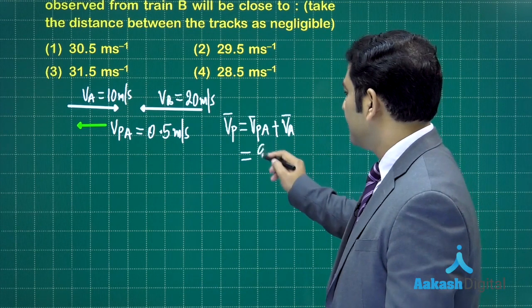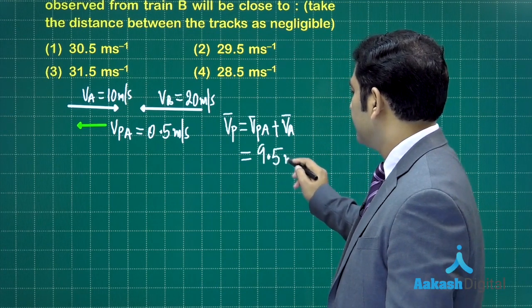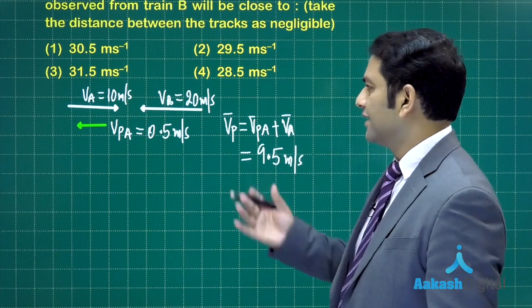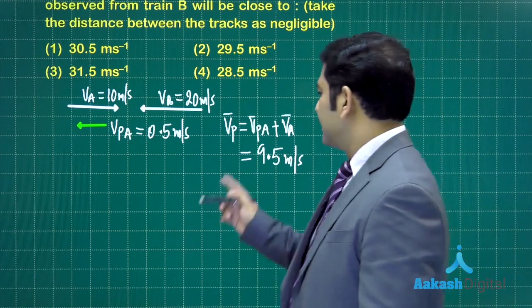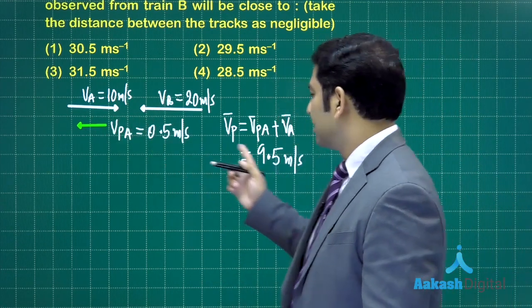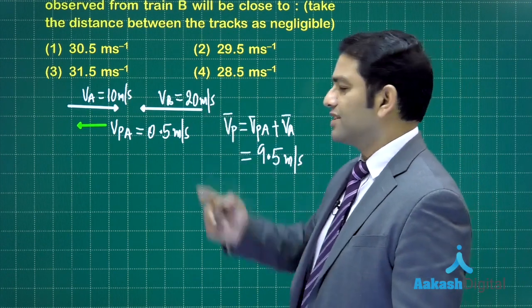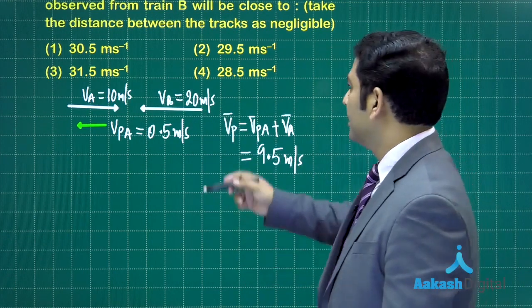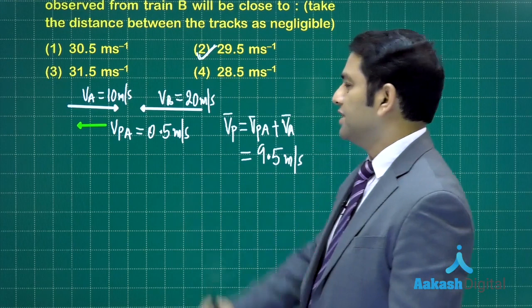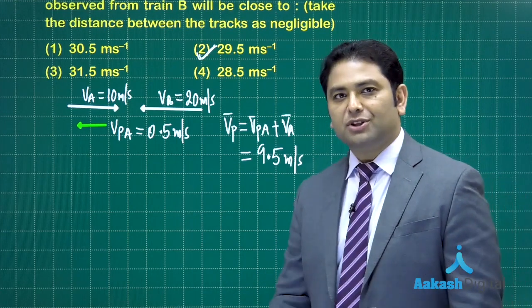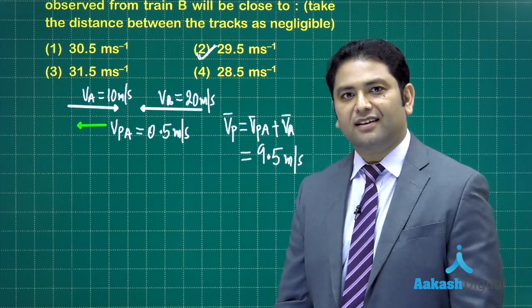So that's going to be 9.5 meter per second. All is done. So velocity of this person who is moving rightward, with respect to ground, with respect to B, now would be 29.5 meter per second. Option number 2 is the correct one.